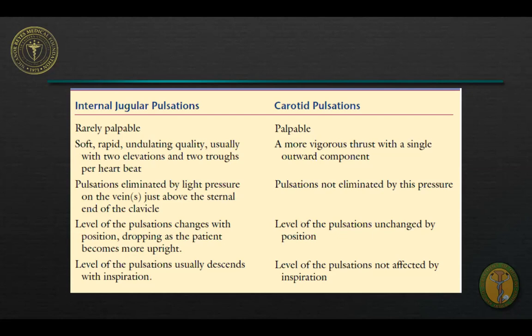In the carotid pulsation, the level of the pulsations is unchanged by position. Again, for the IJ pulsation, the level of the pulsations usually descends with inspiration, while for carotid pulsations, the level is not affected by inspiration. So this is the difference between the two types of pulsations.